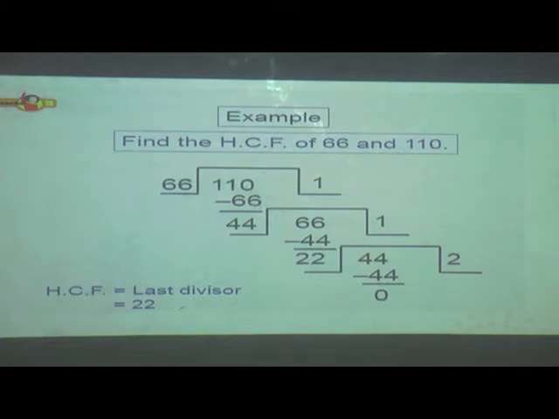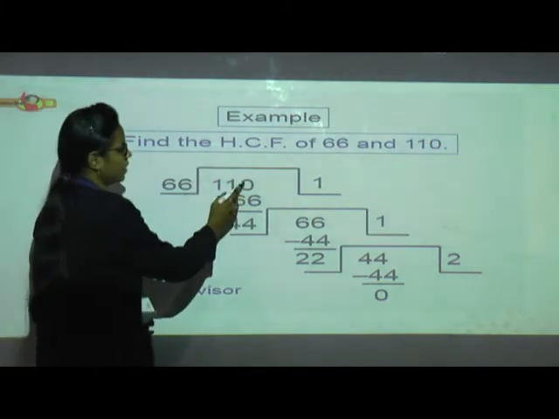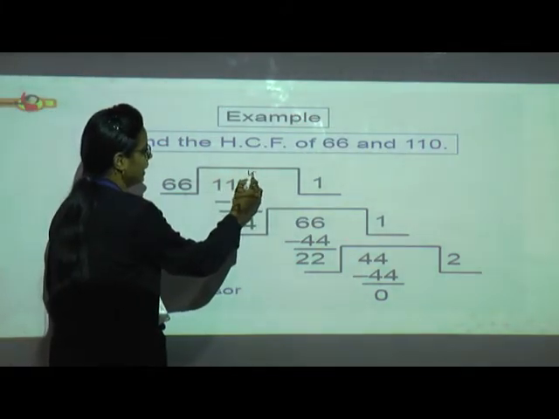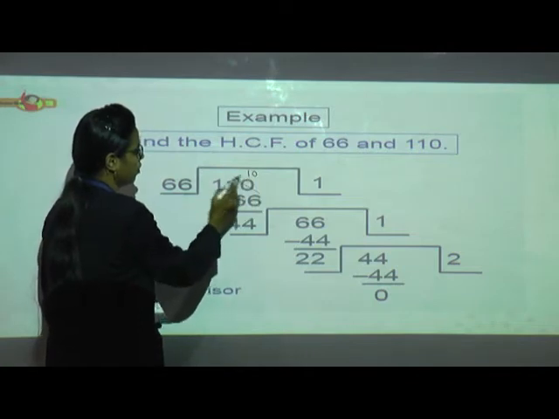After dividing, 66 ones are 66. So 110 minus 66 is 44. We got this like 0 minus 6 can't go, so we take 10. We have borrowed 1 from here.